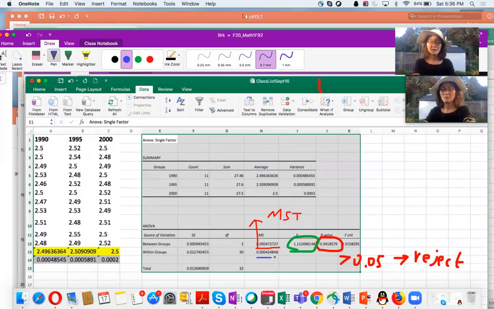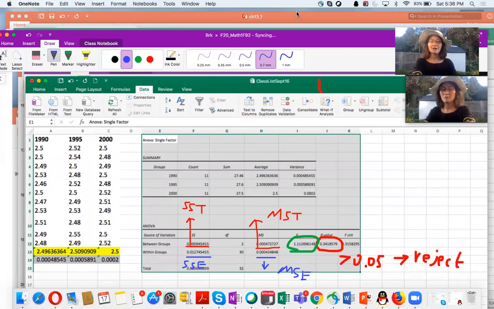And this number here is MSE, the mean square due to error. Over here you have SS: this number is SST, the sum of squares due to treatment, and this number is SSE, the sum of squares due to error. We did those calculations by hand, but Excel can help you get those calculations.